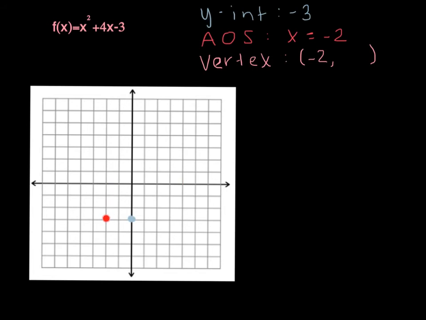Yes. If I continue to move down, my x value is still negative 2. My y value is changing, but that doesn't matter as long as my x equals negative 2. So anything along this line right here is x equals negative 2. So we're going to go ahead and draw our axis of symmetry.